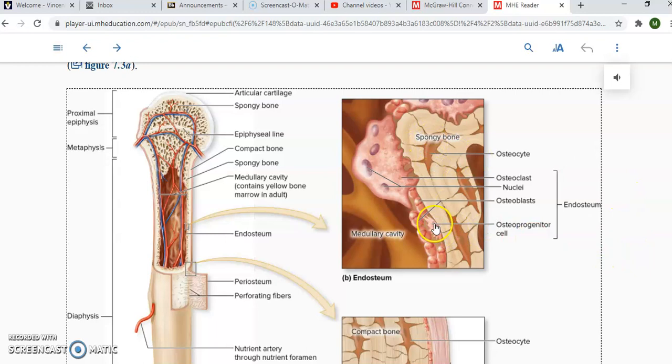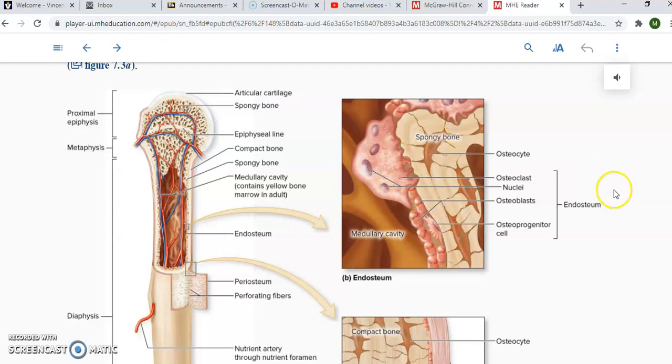So our osteoprogenitor cells undergo mitosis and produce new osteoblasts. And then the osteoblast's purpose is to produce the osteoid, synthesize it, and then secrete it. But then once it's finished secreting it and it becomes calcified, it transforms into an osteocyte.